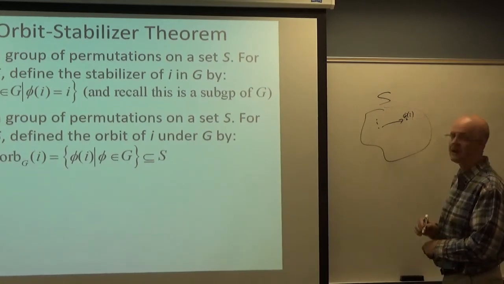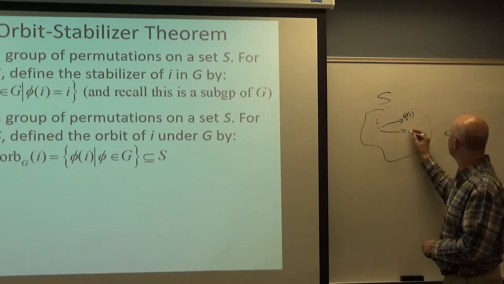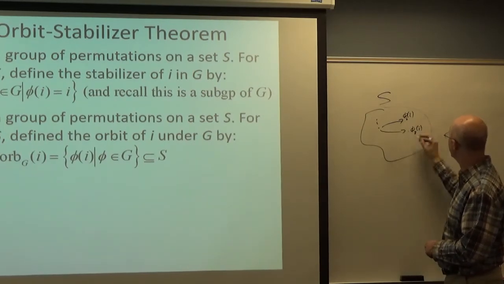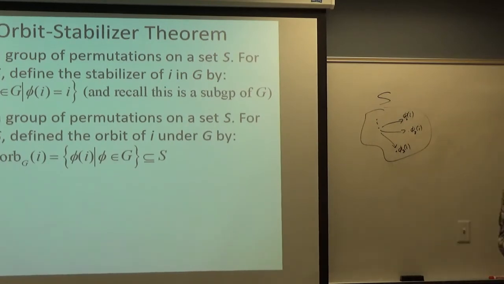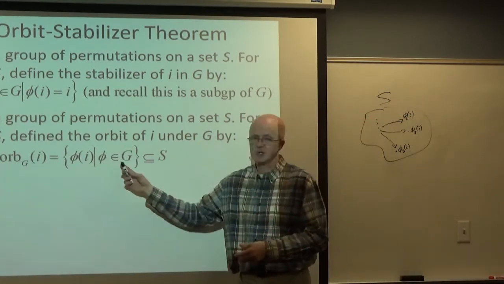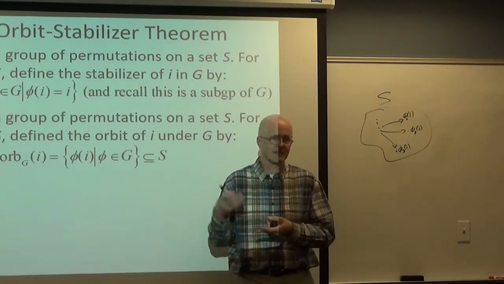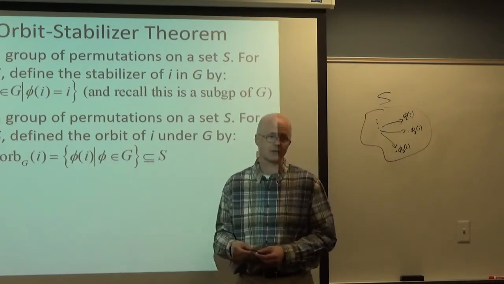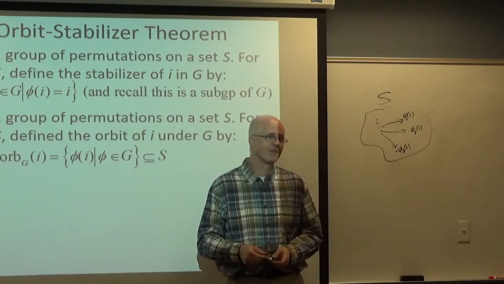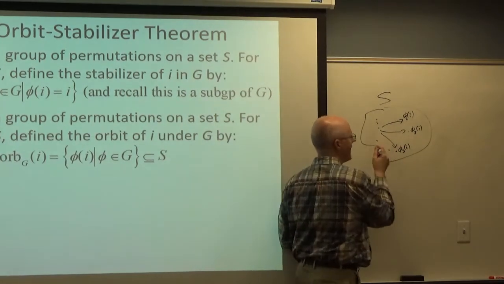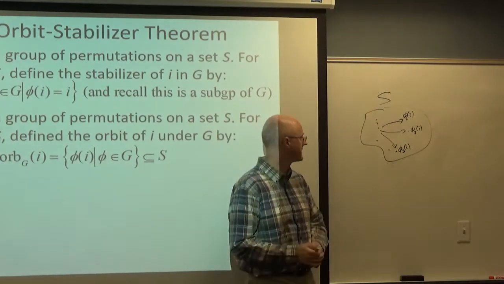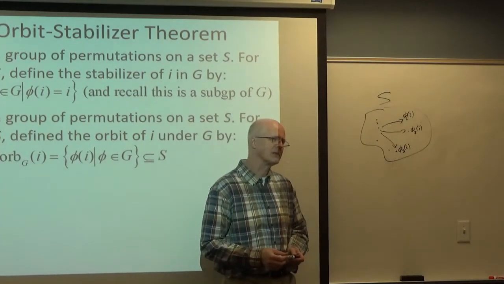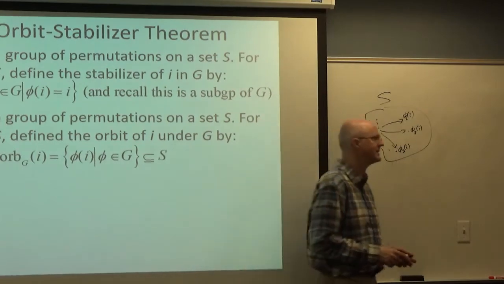Maybe I should call it phi 1 of I. Phi 2 of I might be right there. Phi 3 of I might be right there. I'm writing phi 1, phi 2, phi 3 because I'm letting phi range over G. There's some group of permutations here in the background. All the elements that are possible images of I under elements of G are in the orbit of I. Why is it called an orbit? Maybe I'll talk about that next time.